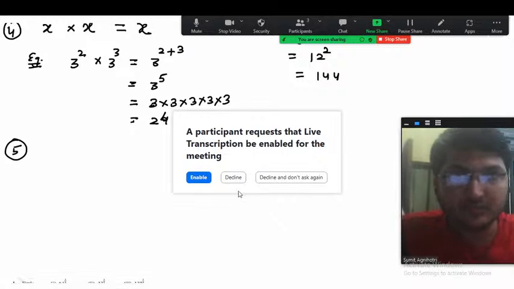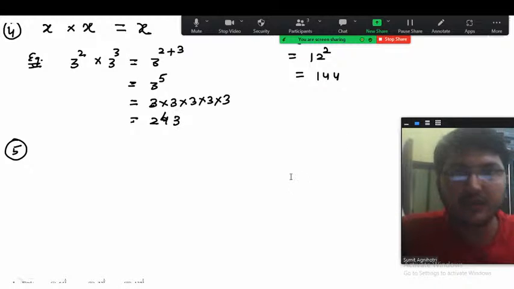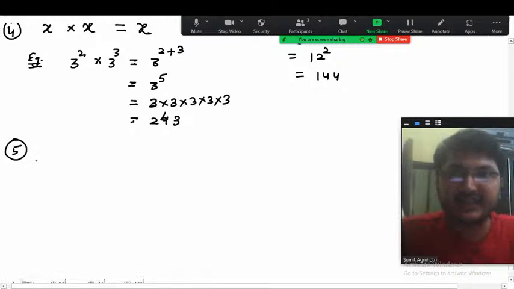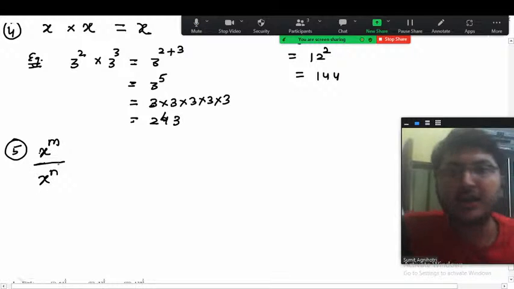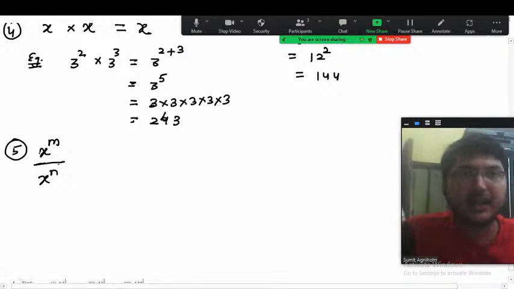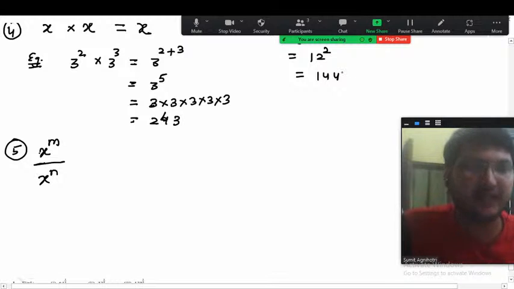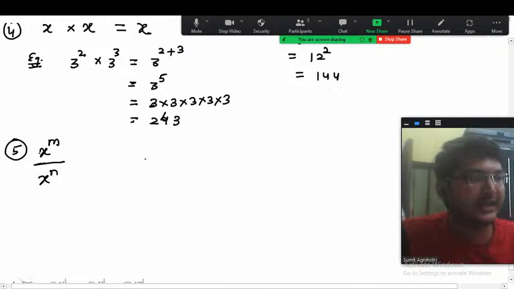Okay, next thing is you just divide. If you are having these exponents like this, x raised to the power m divided by x raised to the power n, written like this, what do we do here?